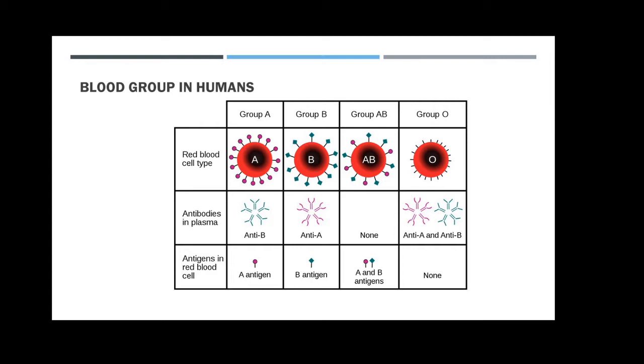And if both the antigens are seen on the RBC, they have AB blood group. And if none of the antigens are present, the person has O blood group.